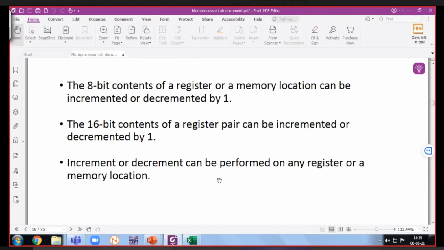Increment, decrement can be performed on any register or memory location, by a value of 1, not by 2, 3, 4, 5, by 1. अगर हम एक इंक्रीमेंट दे रहे हैं तो एक से ही इंक्रीज होगा. अगर हमने 2 बार लिखा इंक्रीमेंट तो वो 1 + 1 2 टाइम्स होगा.